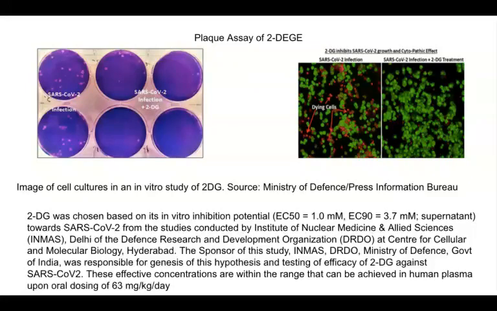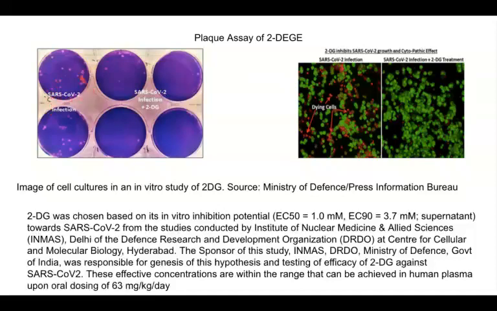So essentially, what this shows is you have these plaques, which are viral plaques, or sort of colonies of infected cells, which are revealed as these white spots on these purple background plates, which they have labeled as SARS-CoV-2 infection.